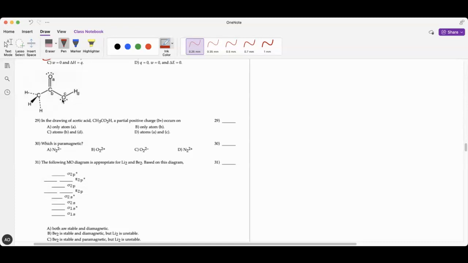The electrons in the bond are going to spend more time around the oxygen. It results in a partial positive charge on the carbon. That'd be carbon B. And same here, this oxygen is pulling the electrons in this bond, so they're going to spend more time around the oxygen. That's also going to result in a partial positive on the hydrogen. So the answer would be both B and D. So the answer here would be C.